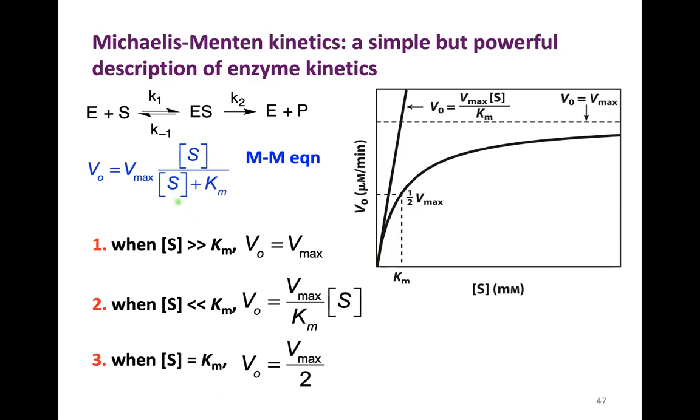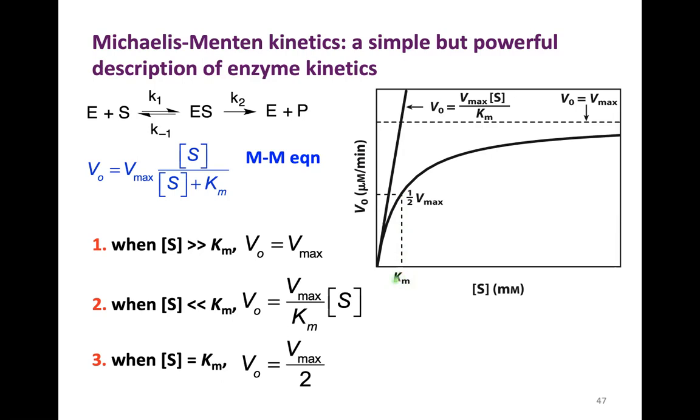Now, what happens when the substrate concentration is equal to the Michaelis constant? That is that the initial velocity is at 1/2 Vmax, okay? So if you know Vmax, and so that's what we see here at 1/2 Vmax, we drop that down, and that tells us where Km is.